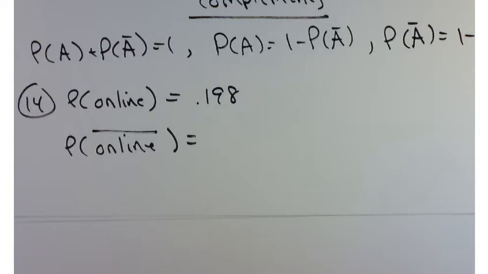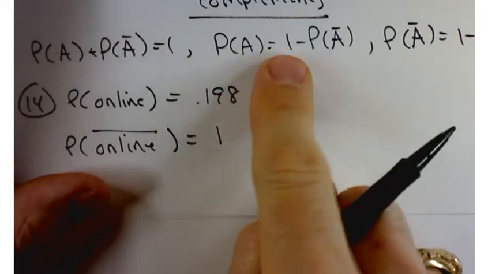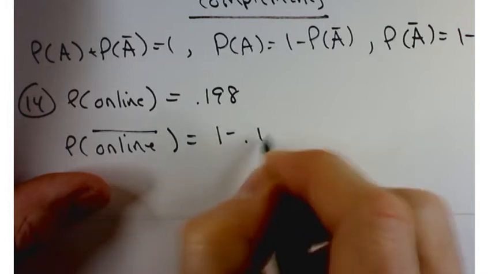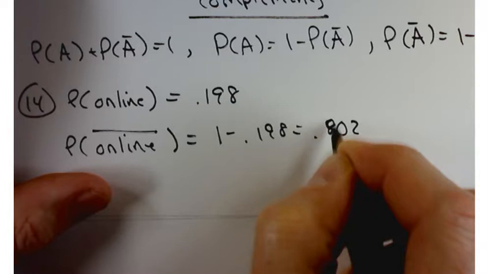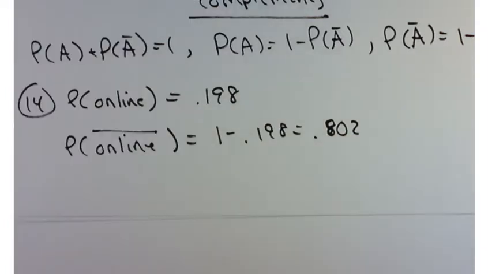So the 100%, or our 1, minus 0.198. Do you think it's likely that you would randomly select somebody taking college classes that's not taking any online classes? Yeah, it's probably more likely than not, right? 80% chance.